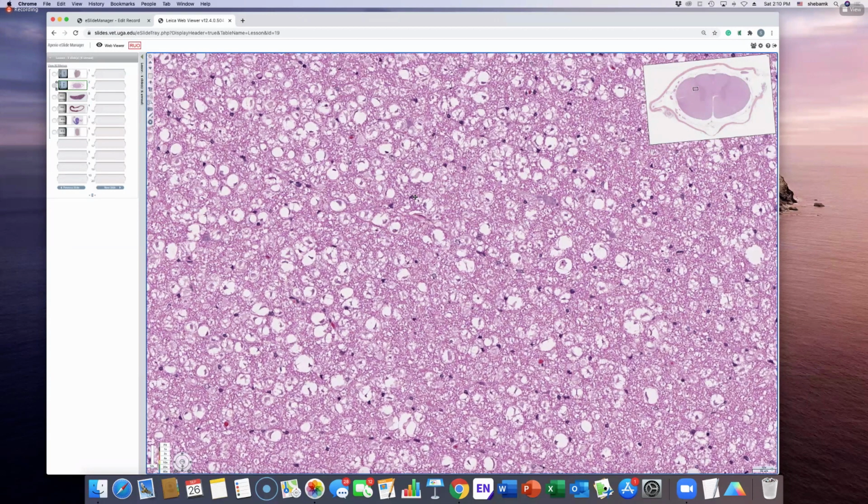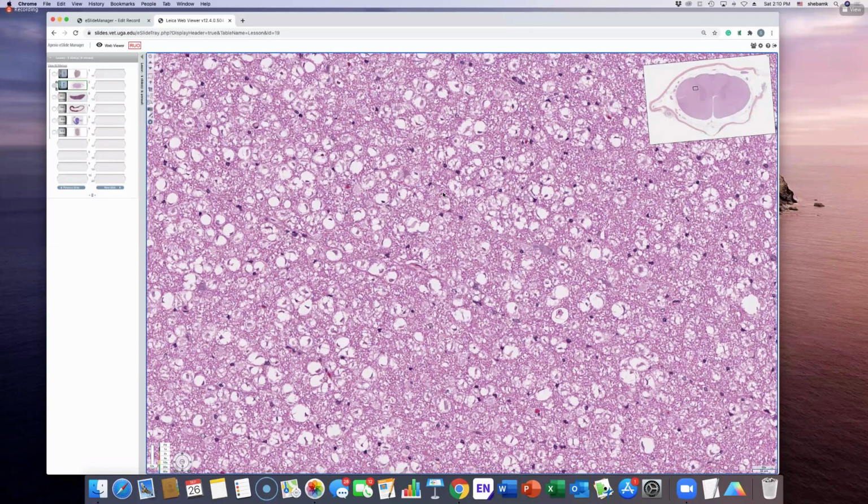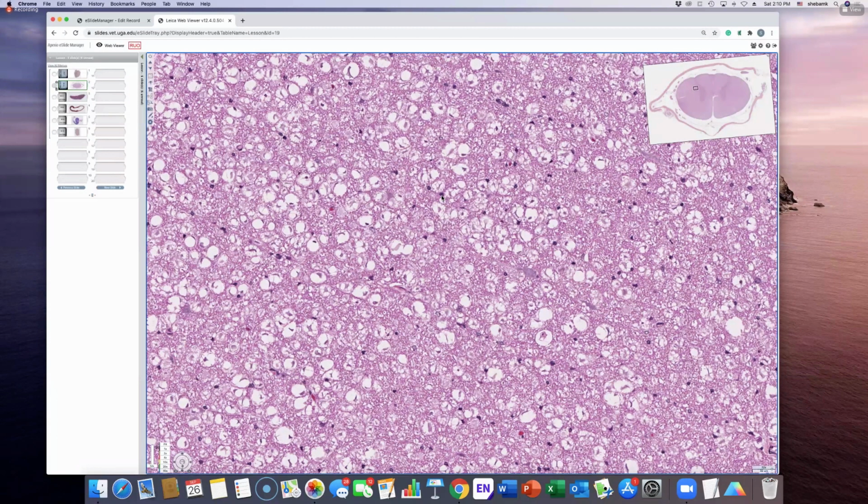So if there was a nucleus associated with this axon, it would belong to the myelinating cell, which is a Schwann cell in the peripheral nervous system.